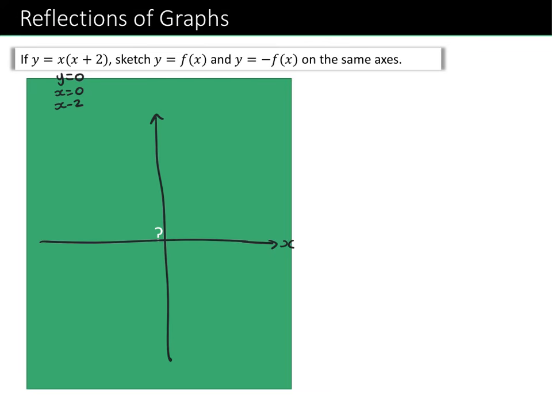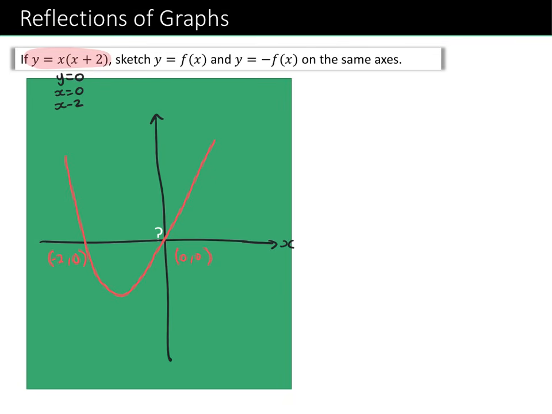And my points of intersection are 0, 0, and no, it's not going to look like that, is it? It's a negative 1, so it's actually going to look like this. So our points of intersection are 0, 0 and minus 2, 0. We should all be really confident drawing this beginning graph now.